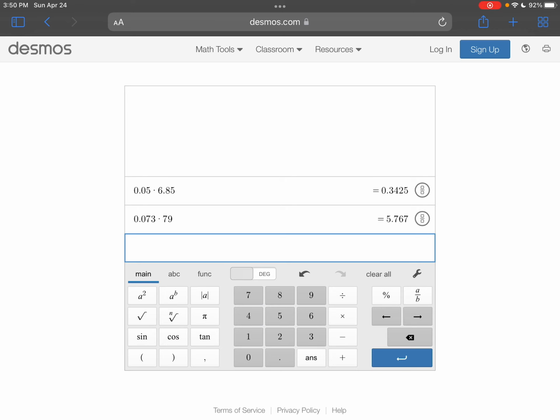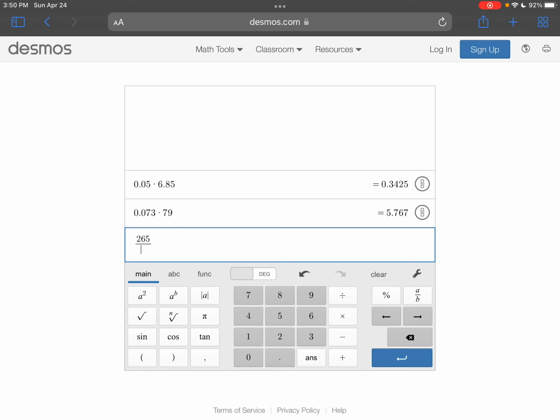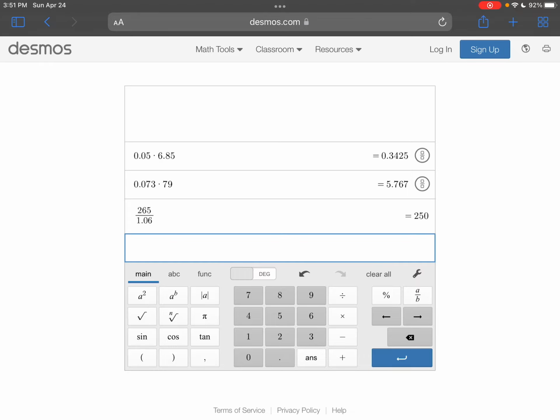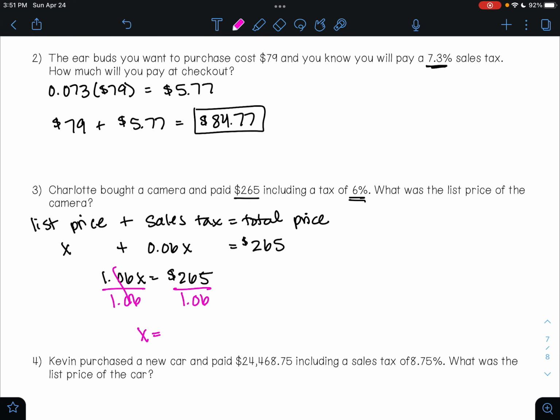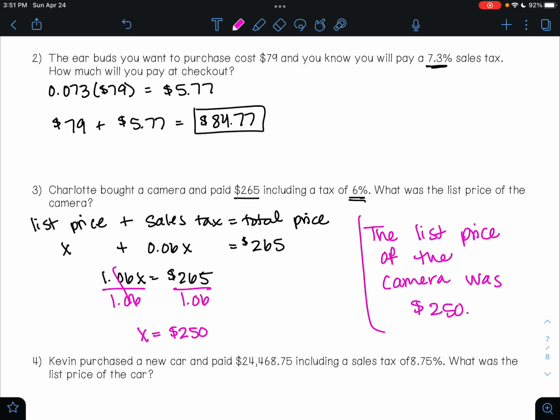So I'm going to do 265 divided by 1.06, and I get $250. So that means that the list price of the camera was $250.